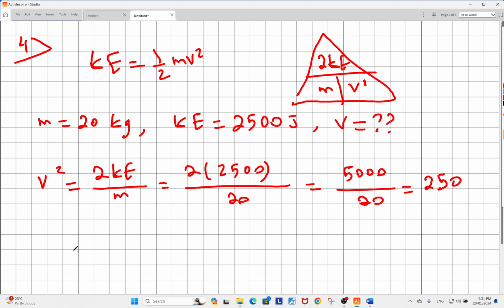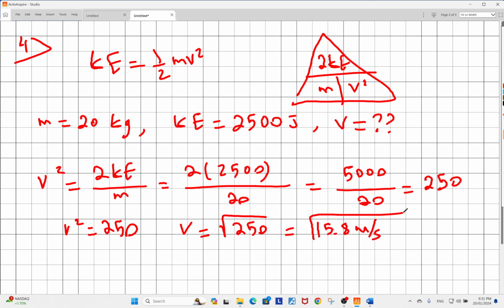Remember that here we don't place the unit. So if v square is 250, then v would be the square root of 250, and doing that on the calculator, the value of the speed would be 15.8 meters per second.